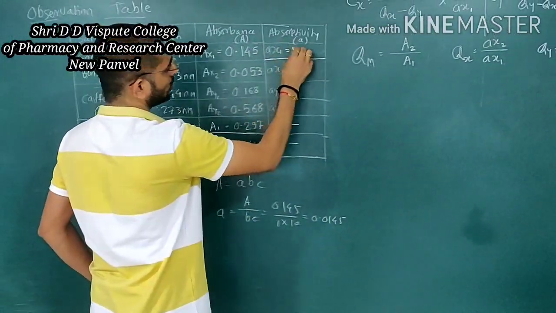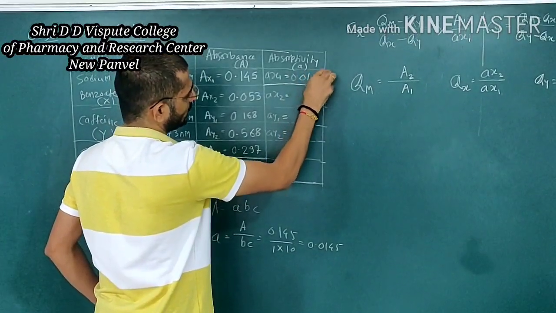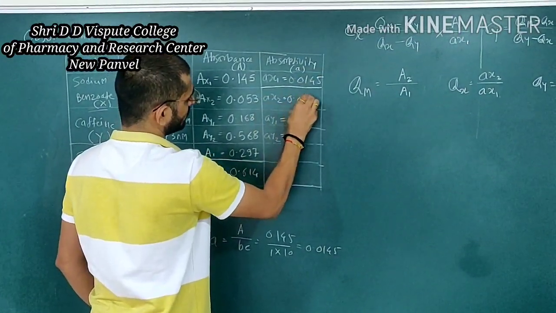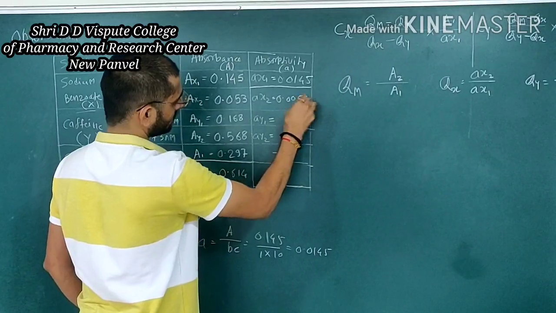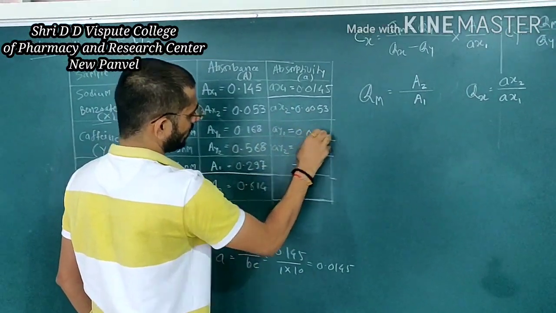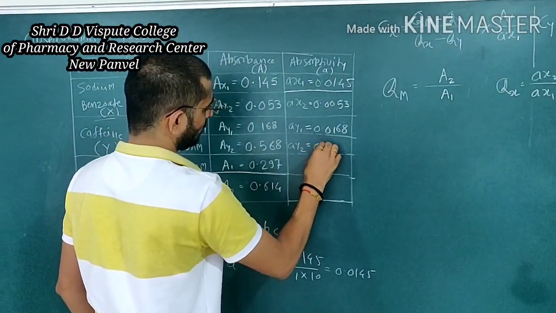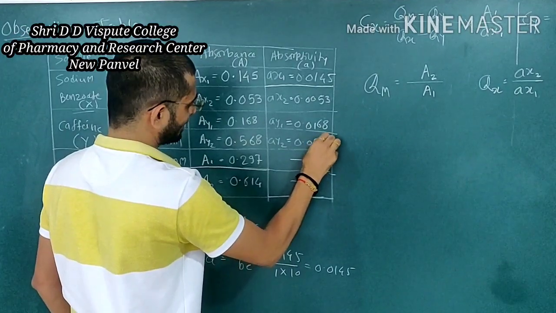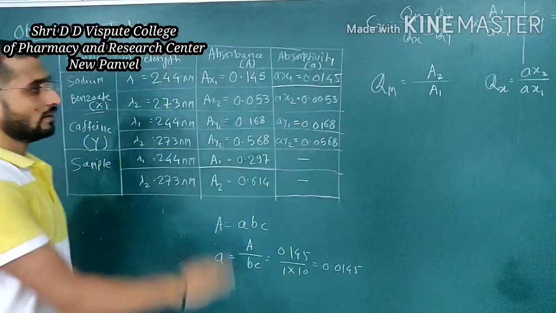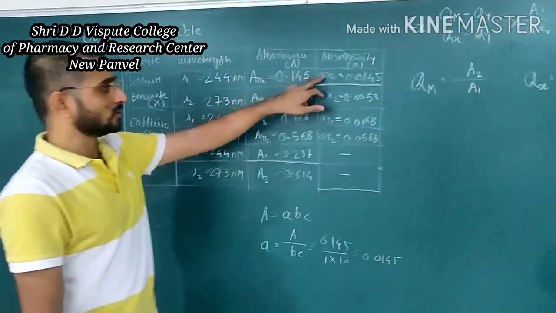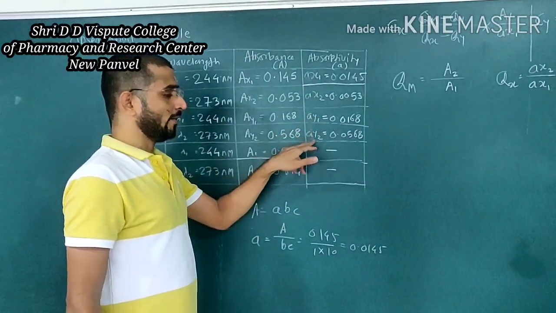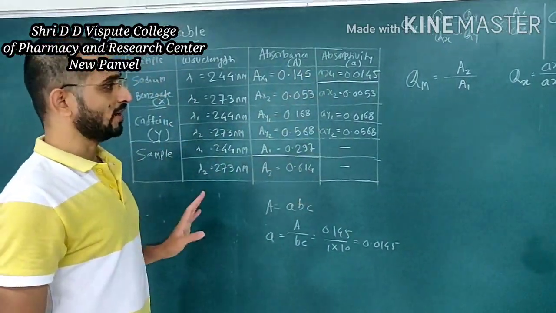Complete the table: 0.0145, 0.0053, 0.0168 and 0.0568. So that completes the absorptivity values AX1, AX2, AY1 and AY2.